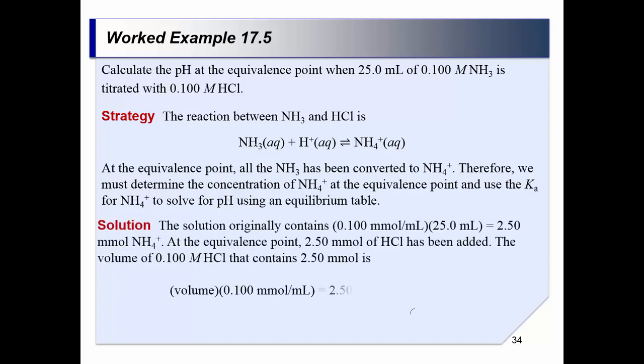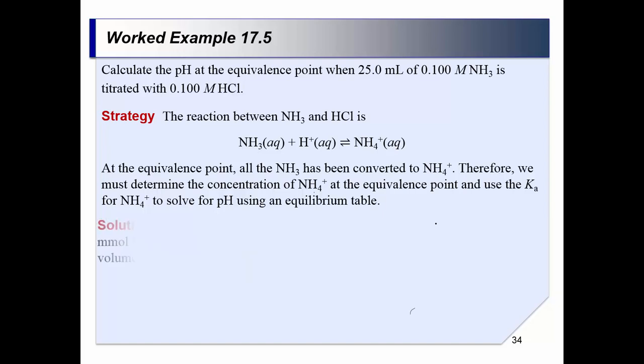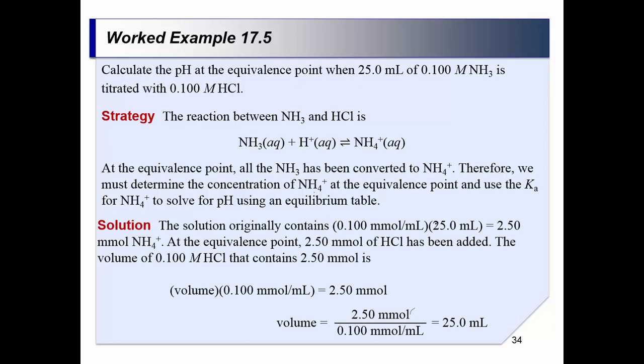Now for the original solution, we have to find out how many millimoles of ammonium ion we have. And at the equivalence point, we have the same amount of hydrochloric acid being added, and the volume is 25 milliliters.